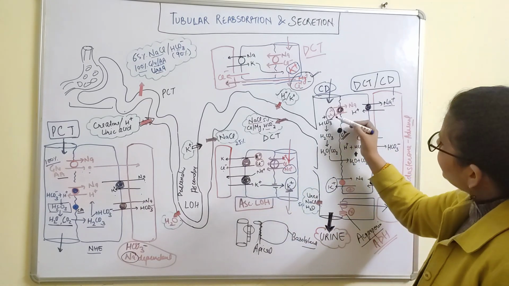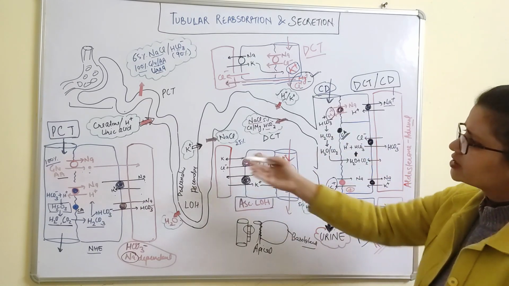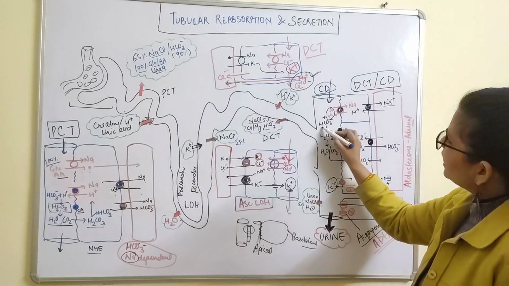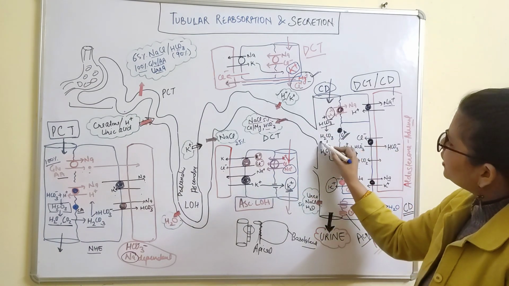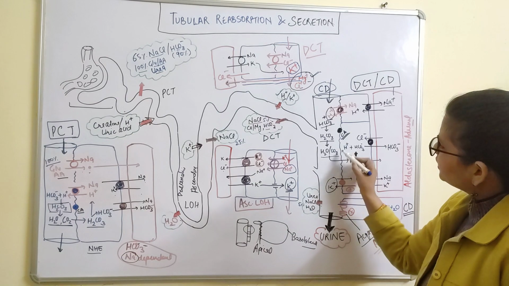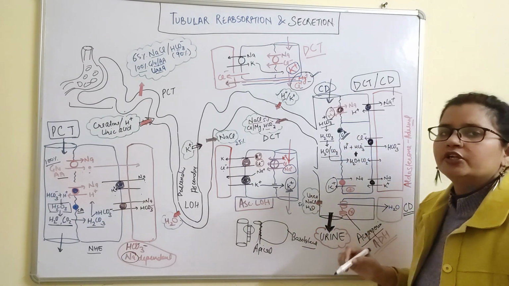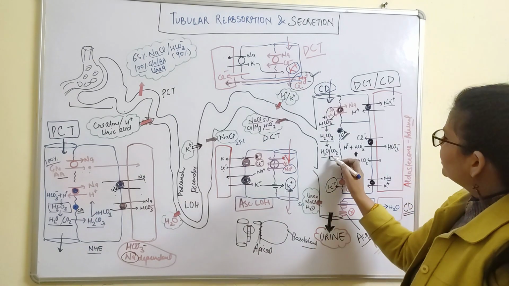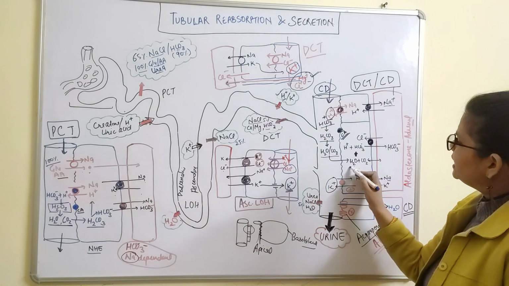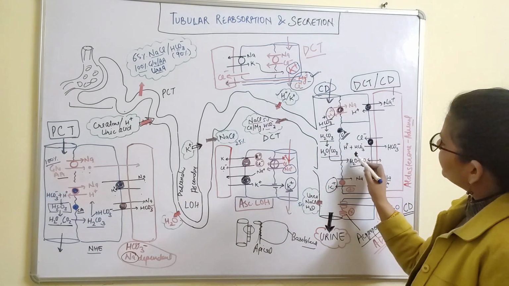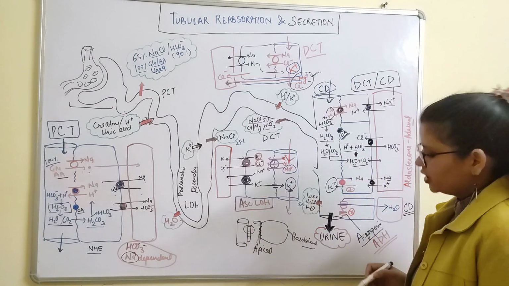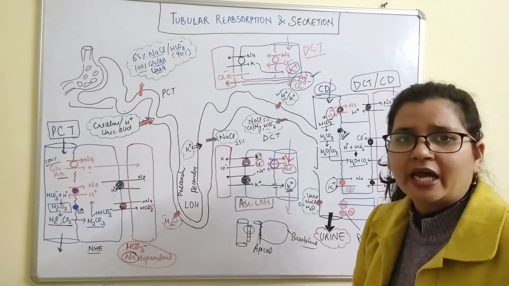Now this hydrogen, we know the same process occurs in PCT. It combines with HCO3 negative to form carbonic acid, and again carbonic acid with the help of carbonic anhydrase is converted into water and CO2. This water and CO2 can go into the cell easily, and again the same enzyme helps in dissociation into H positive and bicarbonate.